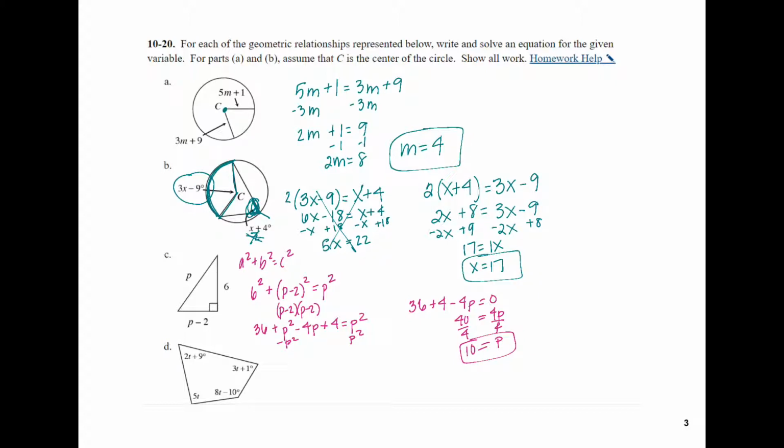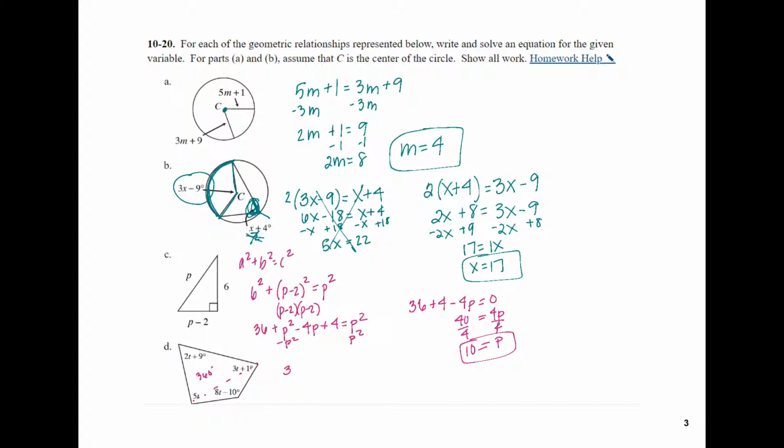In our last figure, we know we are working with a 4-sided polygon. So in a 4-sided polygon, I know it equals 360 degrees. There's 2 triangles inside that equal 180 each.